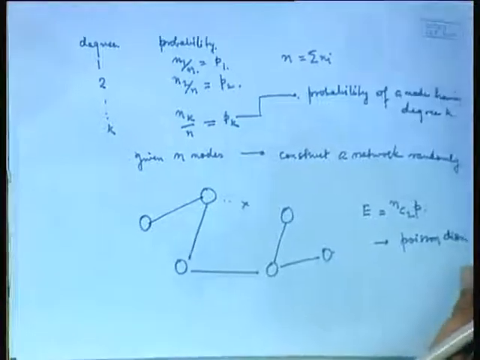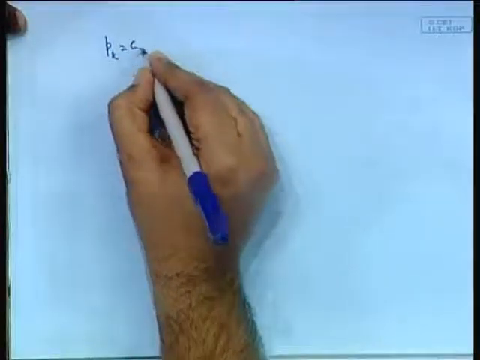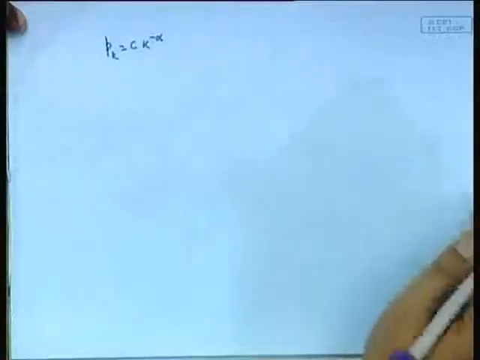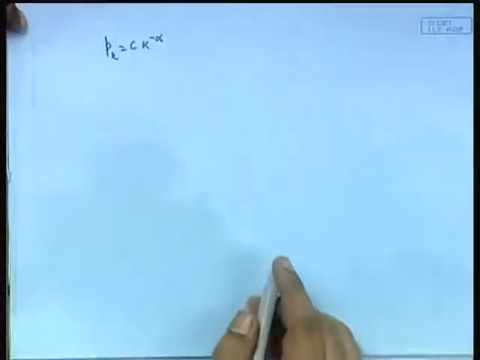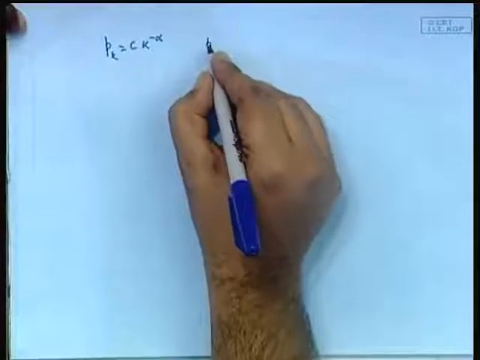But the next question which we ask is, I do not want Poisson, I want scale free. I want a degree distribution something like this, or I want an arbitrary degree distribution.